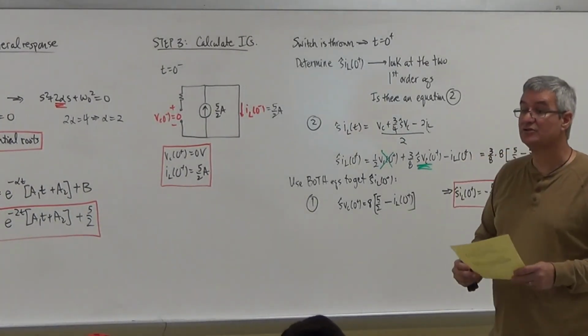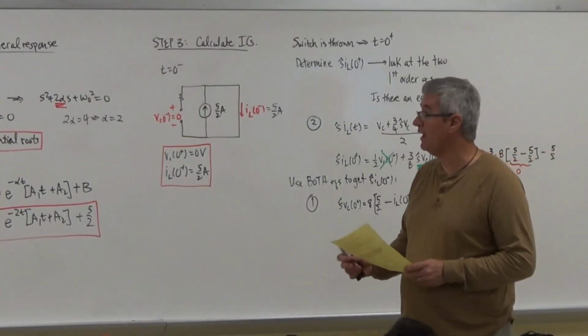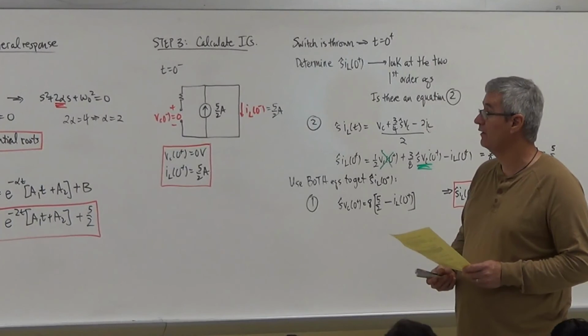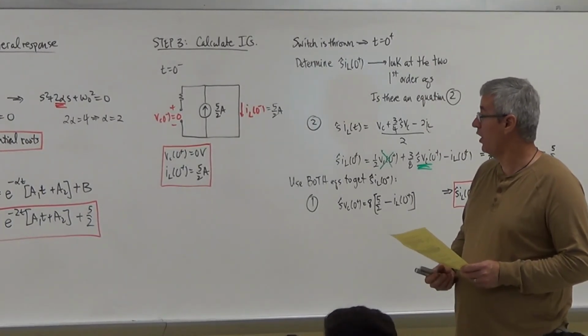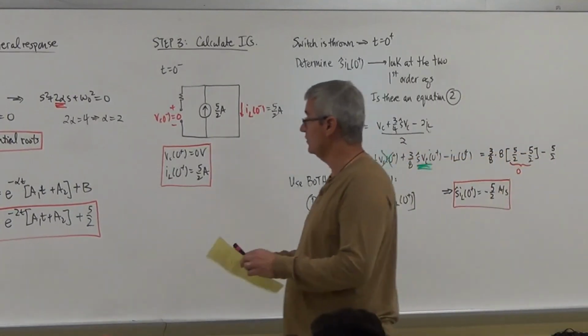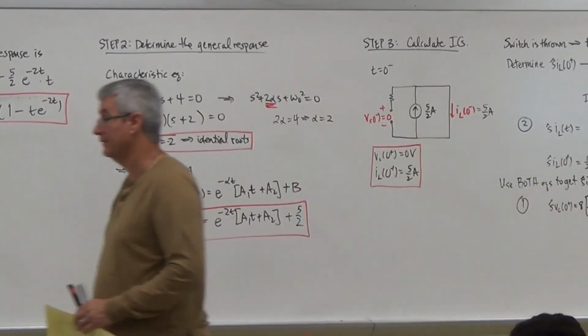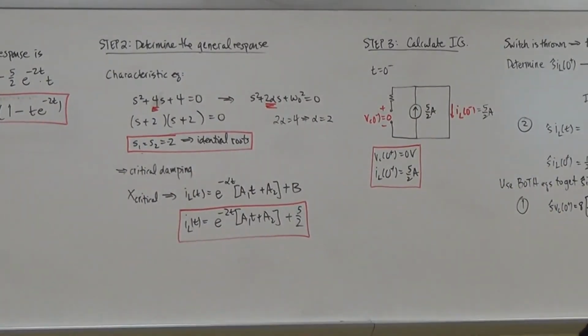So let's look at what this means here. If I was to plot this thing, where is this guy starting at? So I'm going to erase this whole thing right here. If I was to plot this thing, what am I seeing?